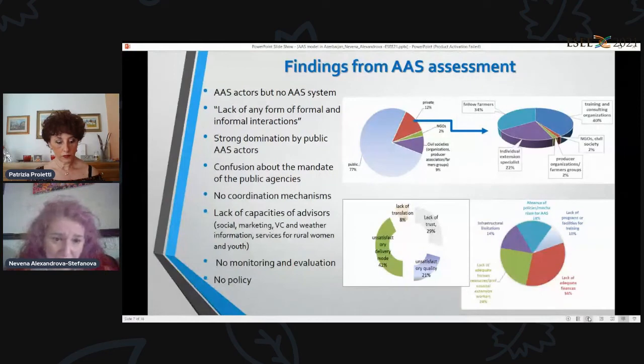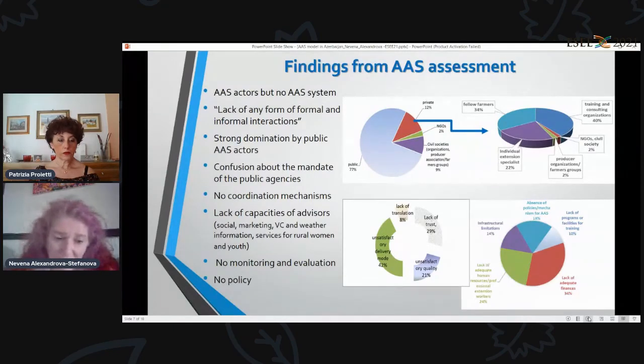There is great confusion in the public agencies that have the mandate to deliver advisory services about their role and how they can interact. No coordination mechanisms, as you can imagine, and a lack of capacities of advisors, particularly in social interactions, in marketing and value chains, so food systems are not well covered.